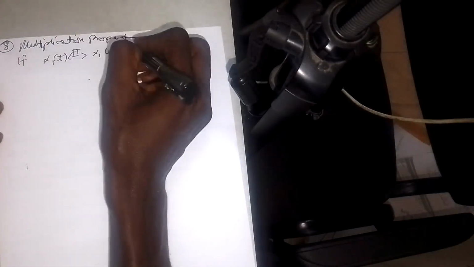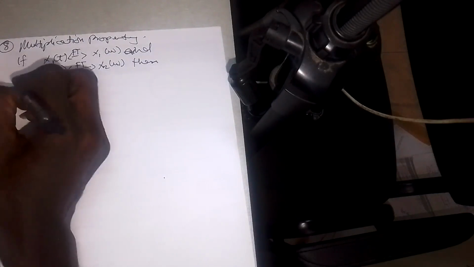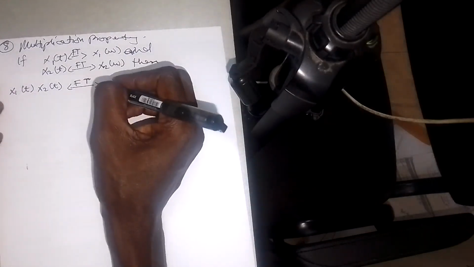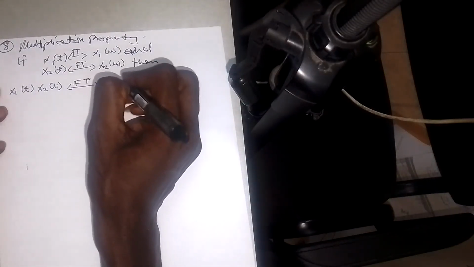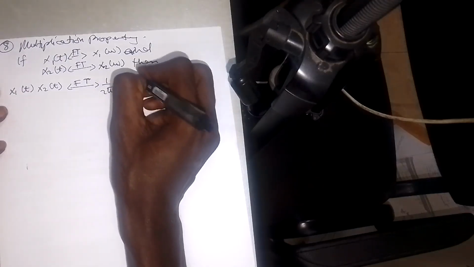Here, let's say X1 of t gives us a Fourier transform X1 of omega, and X2 of t gives us a Fourier transform X2 of omega. Then X1 of t times X2 of t gives us a Fourier transform of 1 over 2 pi times X1 of omega convolved with X2 of omega.